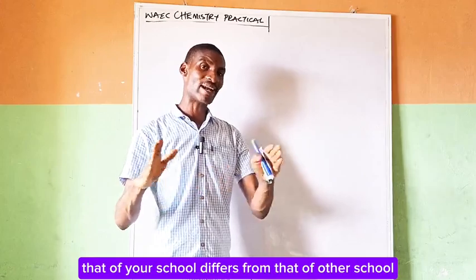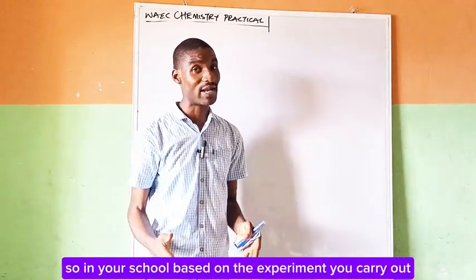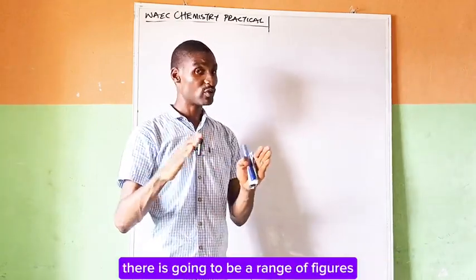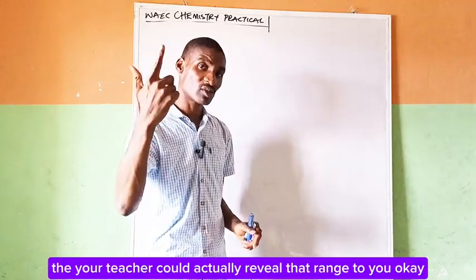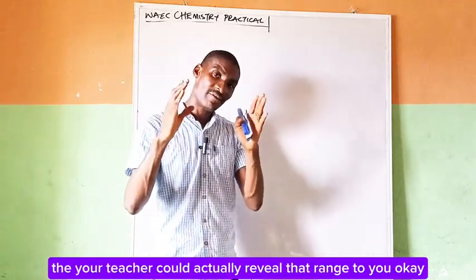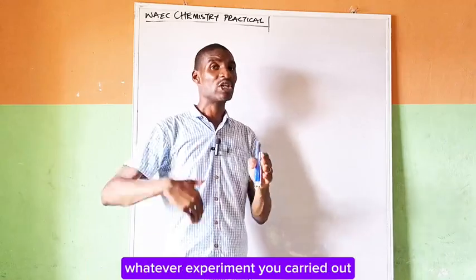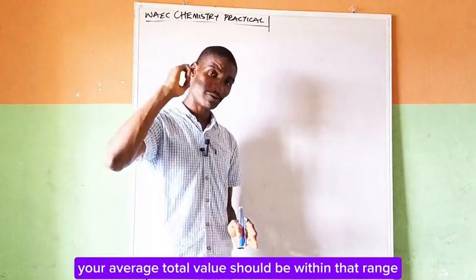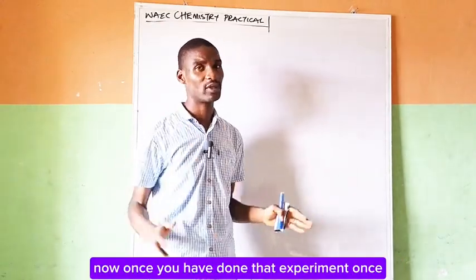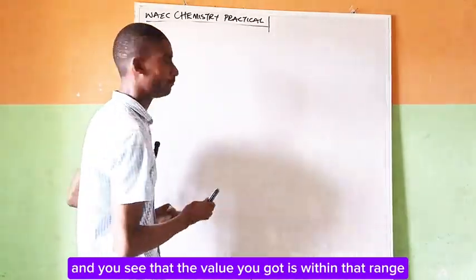Within that range, whatever experiment you carried out, your average titre value should fall. Once you have done that experiment once and you see that the value you got is within that range, you don't need to waste time doing it a second or third time. From one value you have, you can plot the table. So I'm going to show you how to plot the table right now.